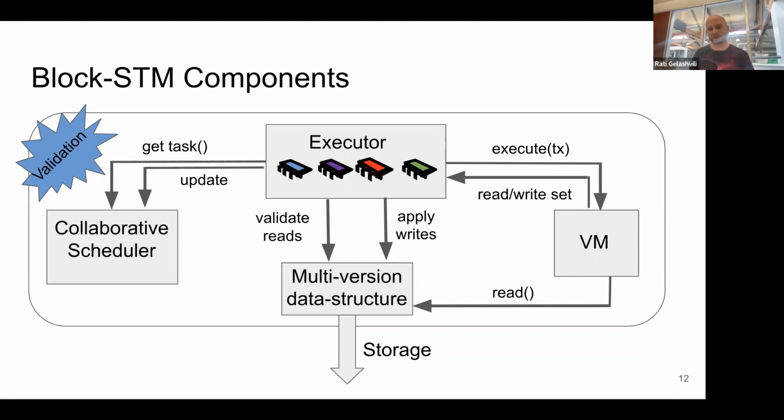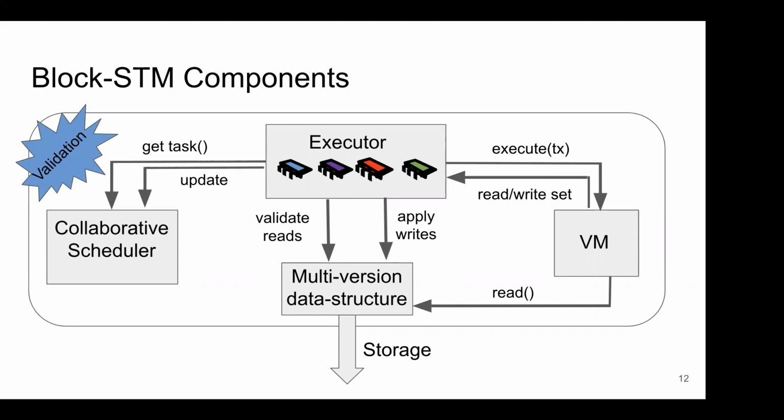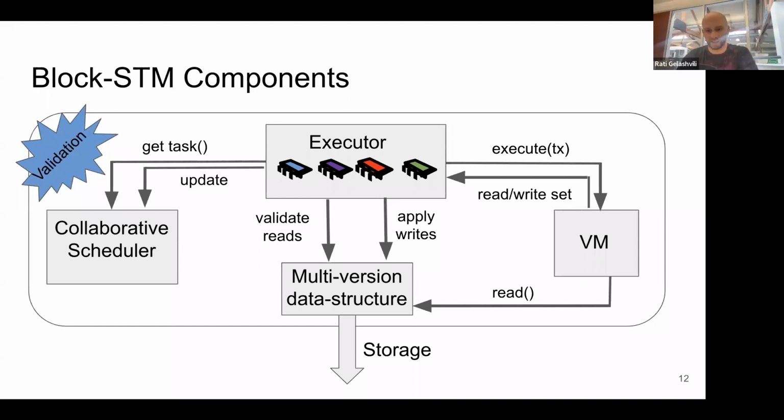But there are multiple of these threads living in the executor, and this is where the parallelism comes from. Okay, thanks. So does that mean different threads can apply writes in parallel? Yes, exactly.